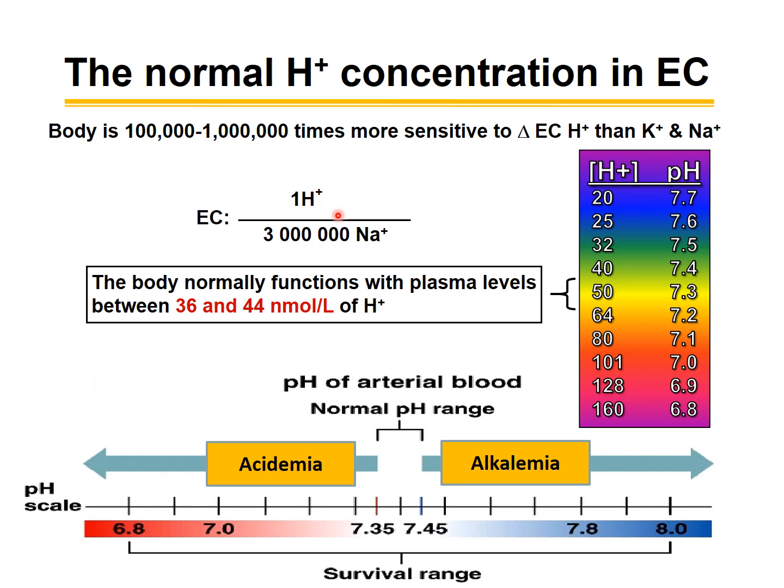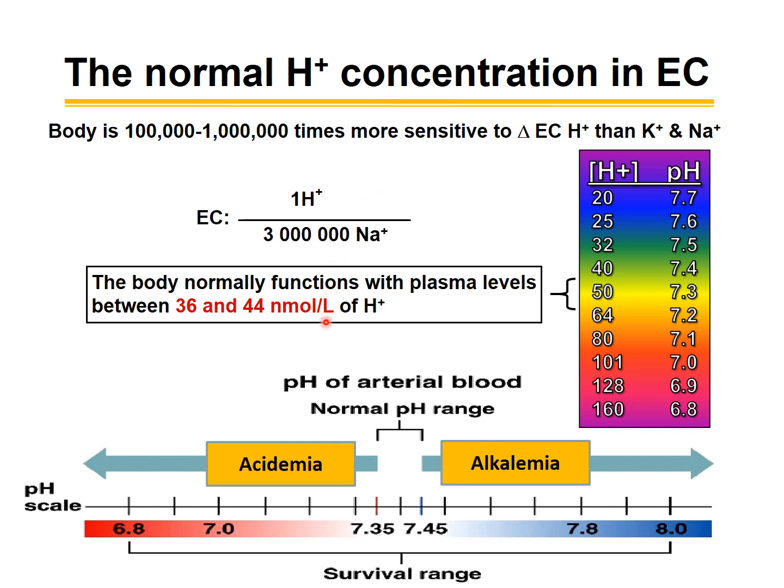The normal pH is very important in our body. The hydrogen ion concentration is very closely regulated. If you compare the concentration of hydrogen to the other ions that we have in extracellular spaces, such as potassium and sodium, you can see that they are about 100,000 or 1 million times more compared to the proton concentration.